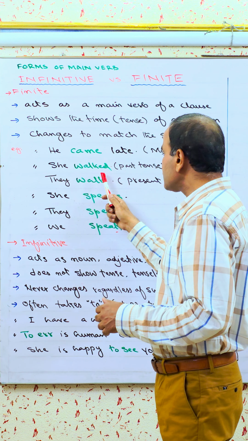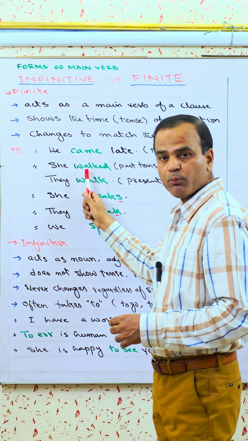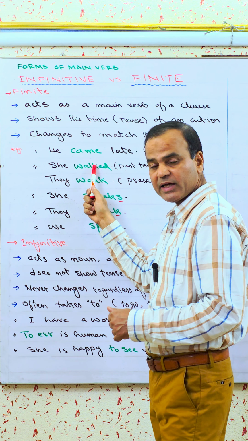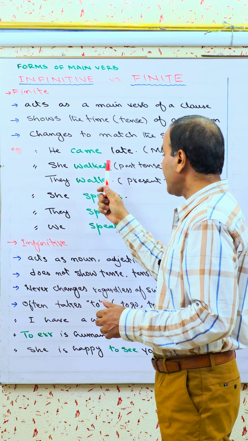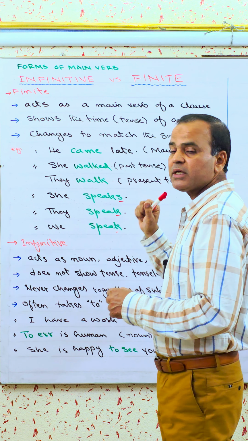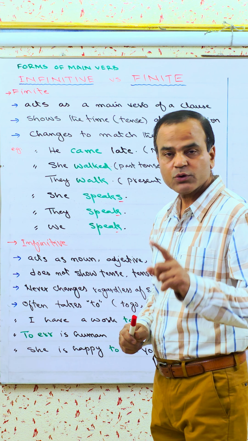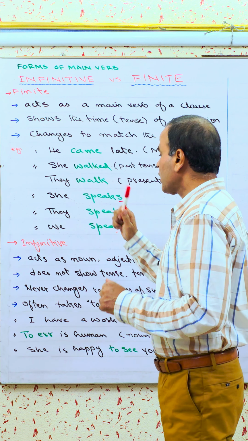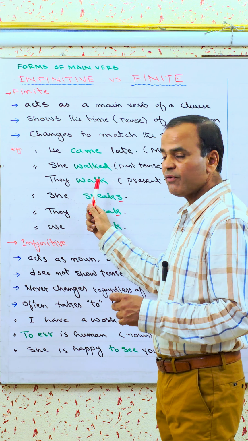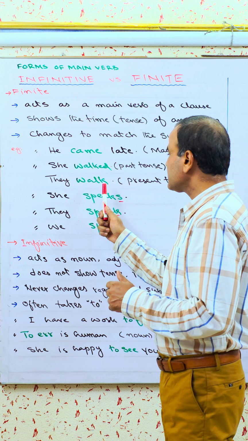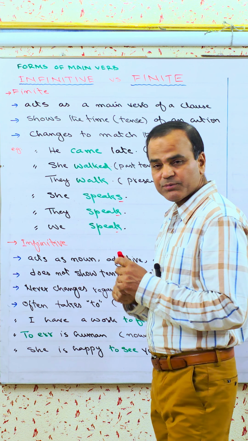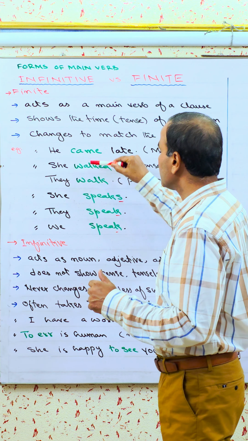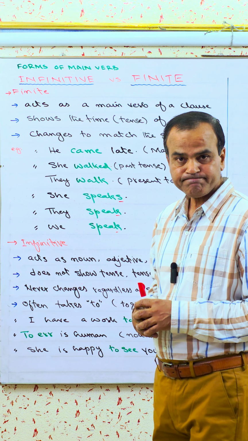Secondly, she walked. Here the verb walked is limited by the subject. It means that it has a subject and it also shows past simple tense. So we will call it the finite verb. They walk. Here the verb walk is limited by the subject and it shows present tense. So we will call it a finite verb.